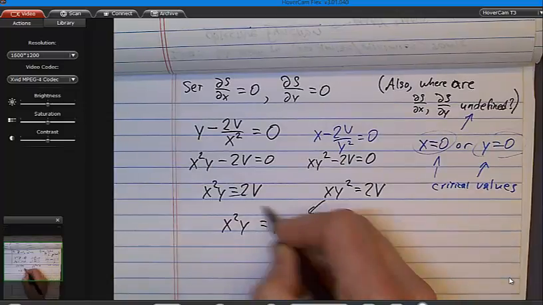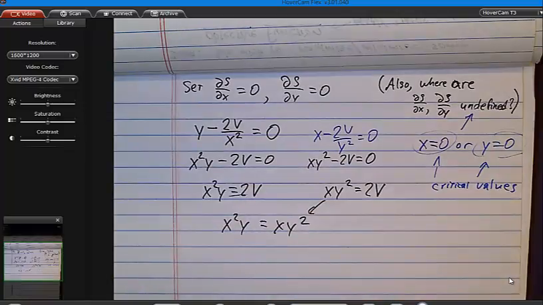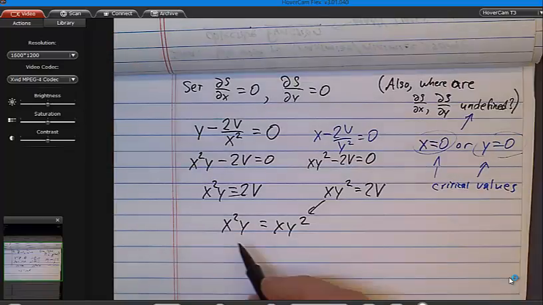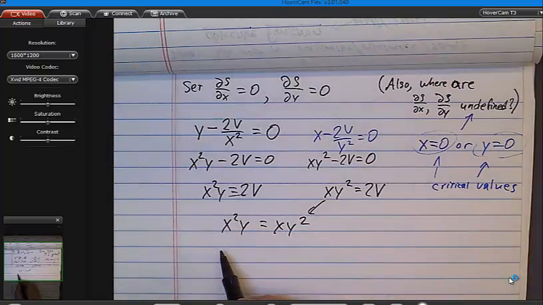This is kind of a substitution I'm making. How do you solve an equation like that? X equals Y? Let me try this. I guess you're right.